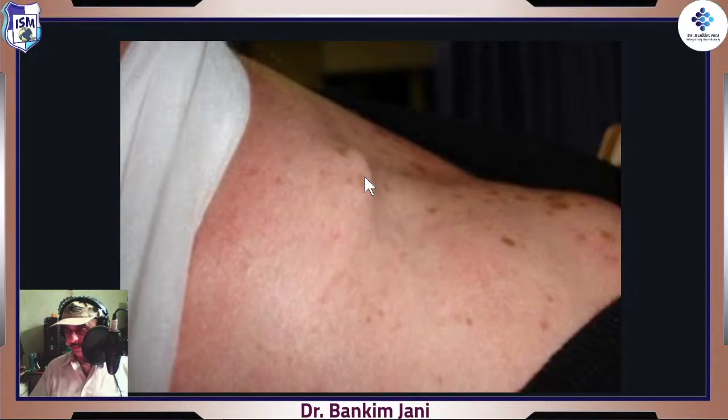Now here is one case. Look at it. This is the shoulder, this is the scapula, and we can see clearly that this clavicle is broken. That's the clavicle.